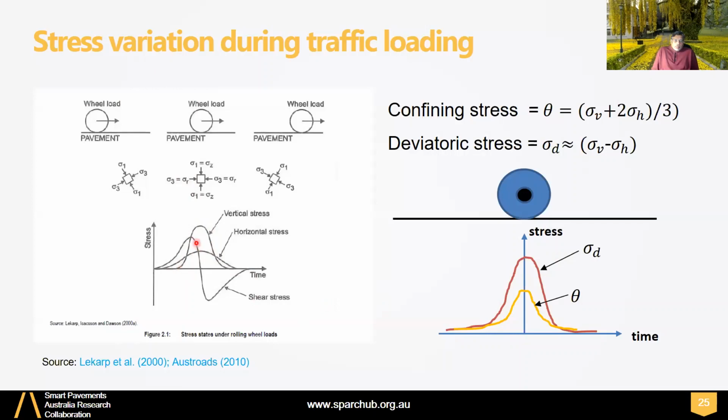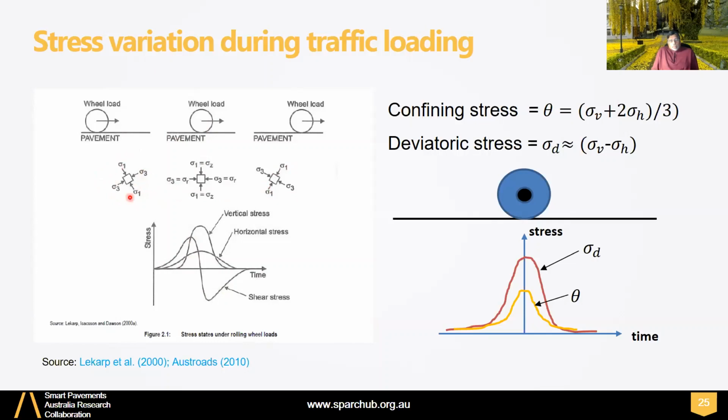But one thing missing from triaxial compared to the field is this shear stress. The shear stress becomes peak when the vehicle is close to this point, but not right on top of it. It drops down to zero right on top and then fades away with this lag. Because of this lag in the shear stress, you get stress rotation, right?